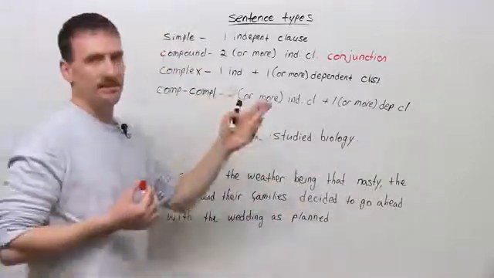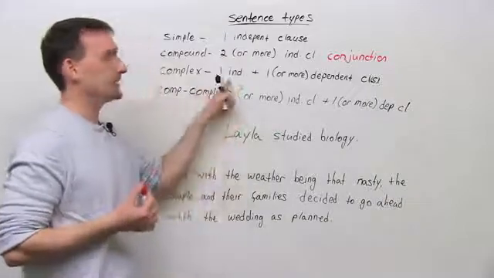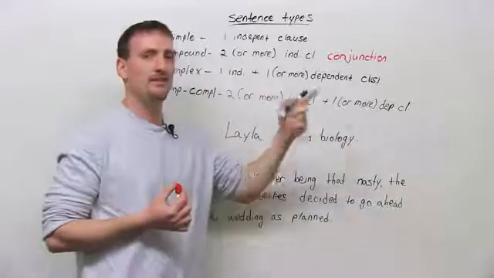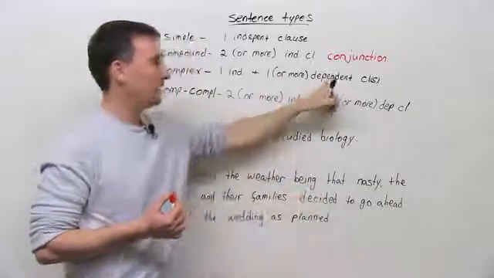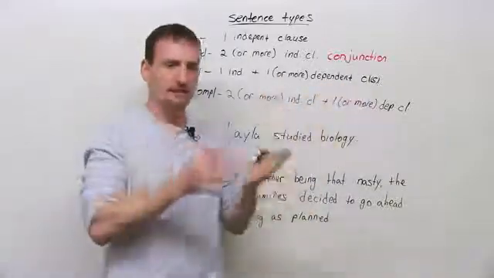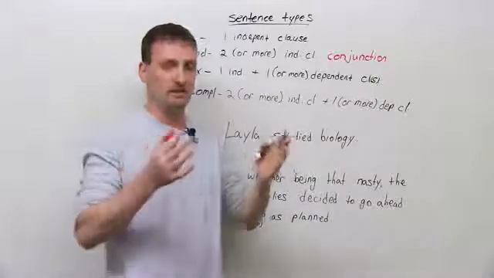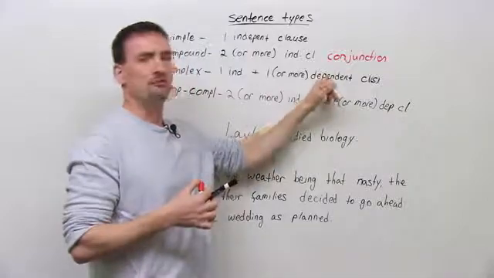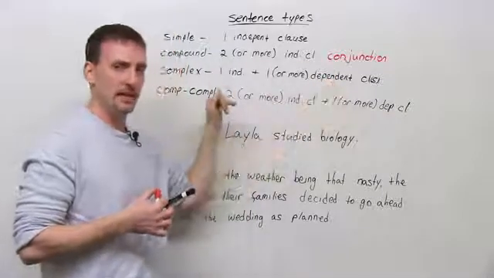Then we have a complex sentence. A complex sentence has 1 independent clause plus 1 or more dependent clauses. A dependent clause is a clause that has a subject and a verb, but cannot stand by itself. It is not a complete idea. It has some sort of relationship to the independent clause.